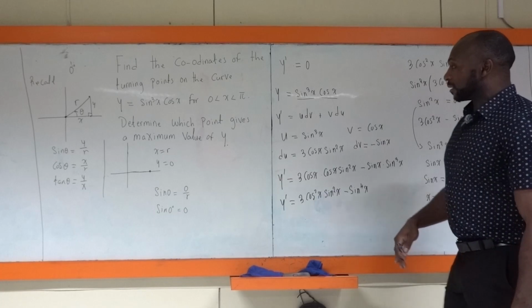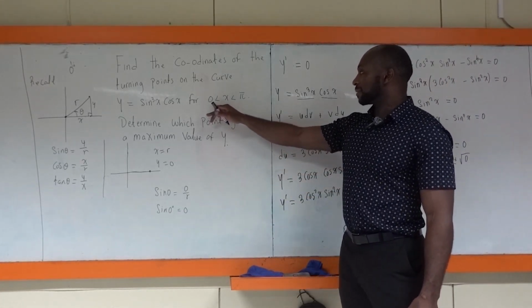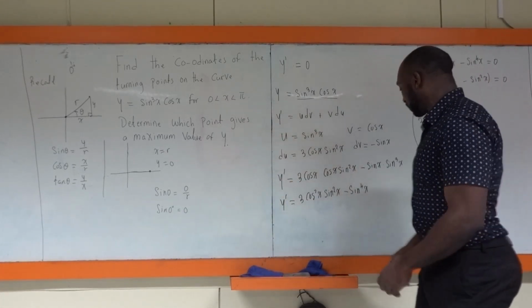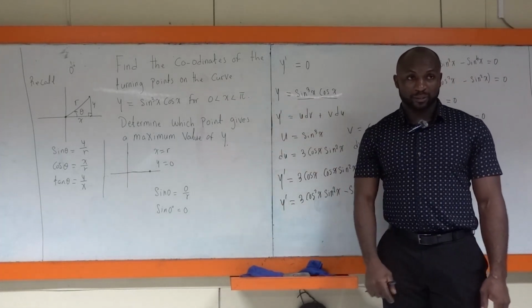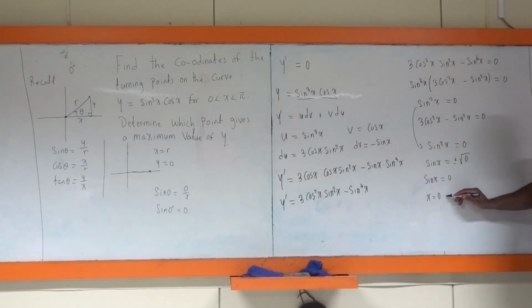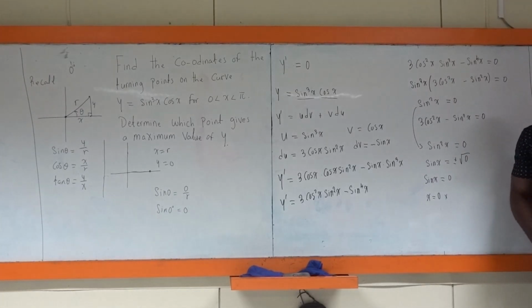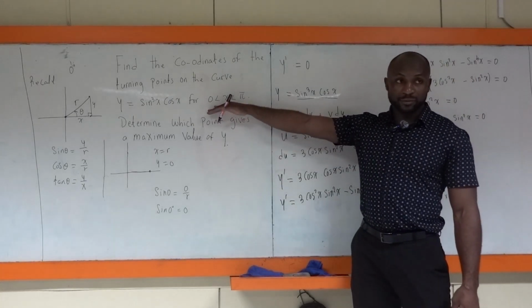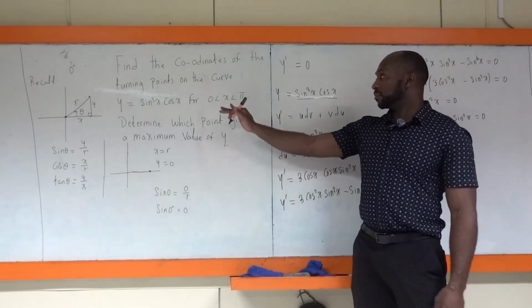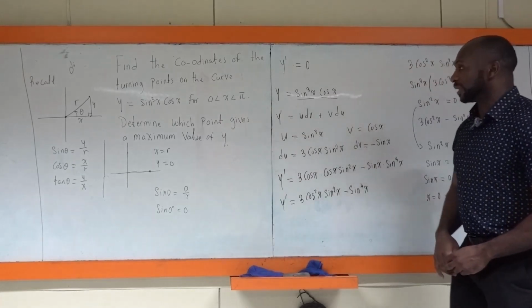And we know x must be more than 0. So this is not defined within this particular domain. So I am going to ignore this value of x because it is not within the given values of x, because x must be more than 0 and x must be less than pi.